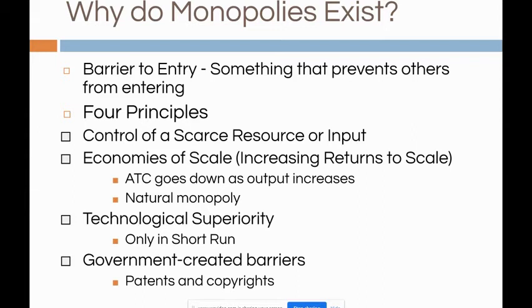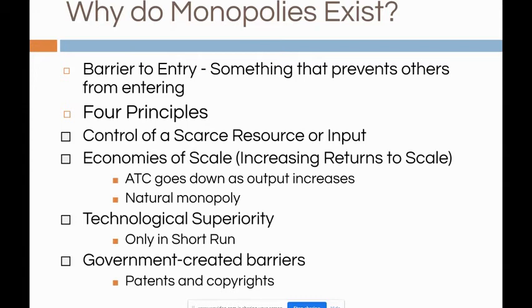The first one is control of a scarce resource or input. Imagine a company such as Chiquita Bananas, Dole Fruit. These are oil companies, or diamond companies. These are groups that have control of something that's not found all over the place. Diamonds are in mines that were found in Africa. De Beers is a company that was a monopoly for over 100 years because they controlled 90% of the diamond mines in Africa.